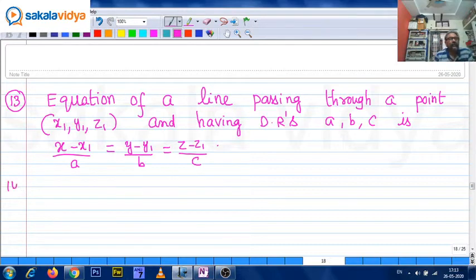So next, 14th formula. How to find the equation of a line passing through two points in space?